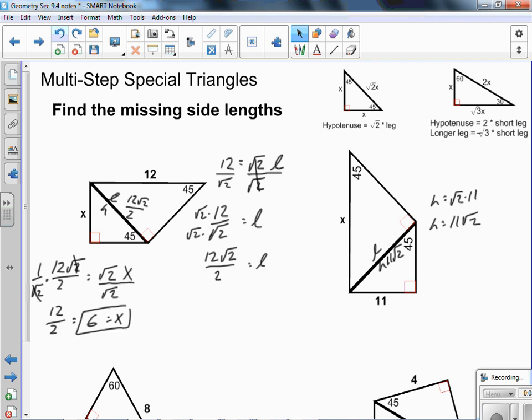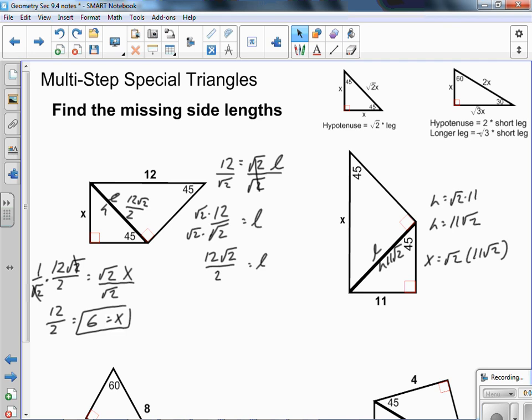And now we're going to look at that as a leg again. And we know that this x being the hypotenuse of this triangle is going to be the square root of 2 times this leg. Right? So x is going to equal the square root of 2 times 11 square root of 2.